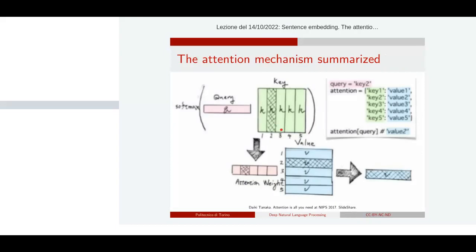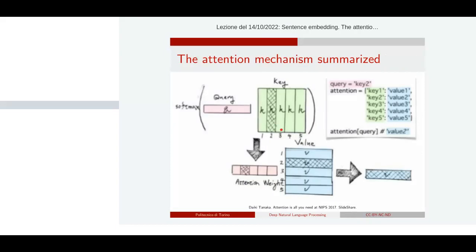So you get these numbers. Each of these numbers corresponds to the attention weight of a given key. So this is the similarity between a query and the key. For example, this number corresponds to the similarity between the query and the key number 2, which is maximal, okay? In this case, it's 1, of course.